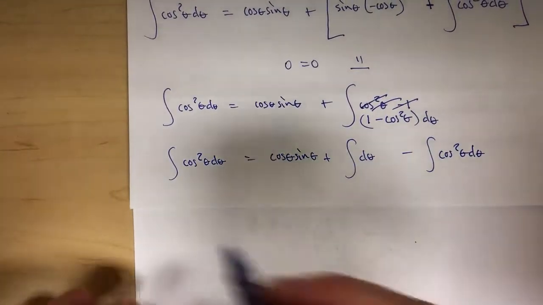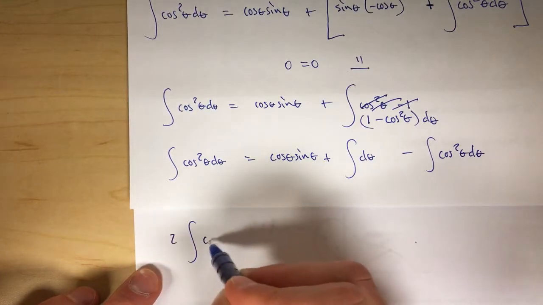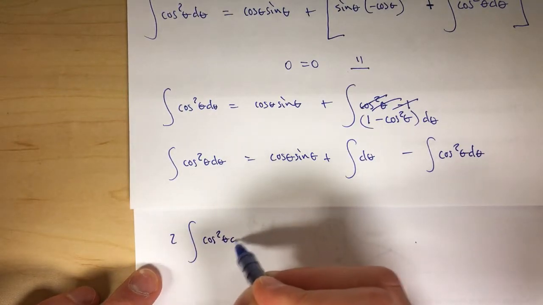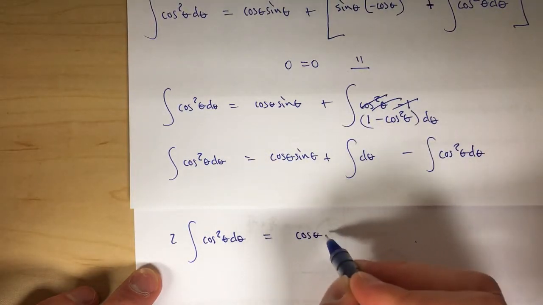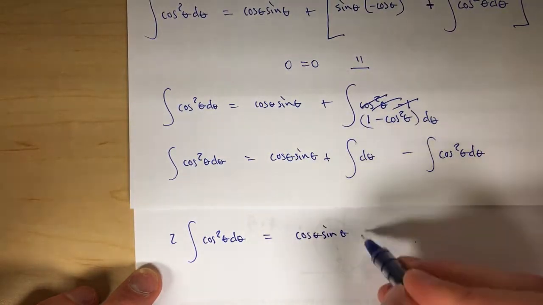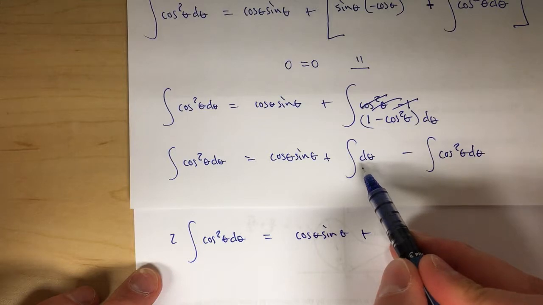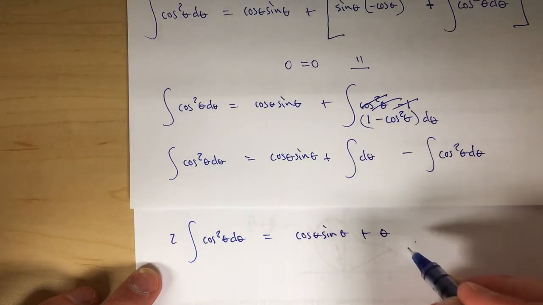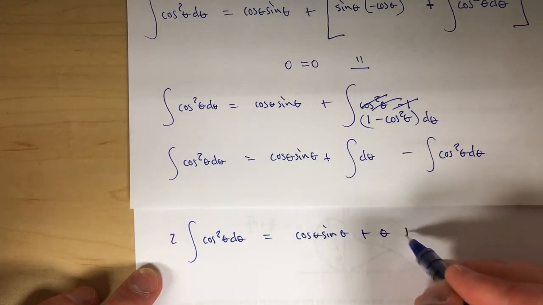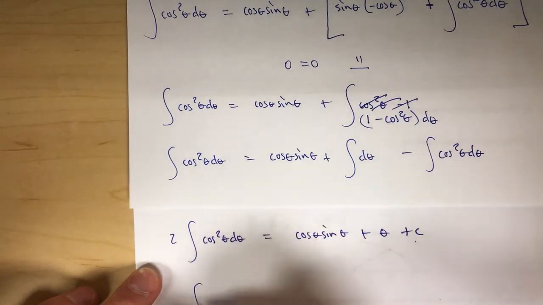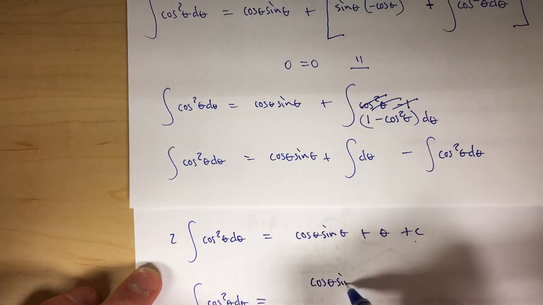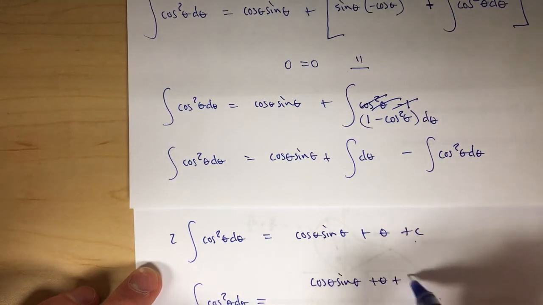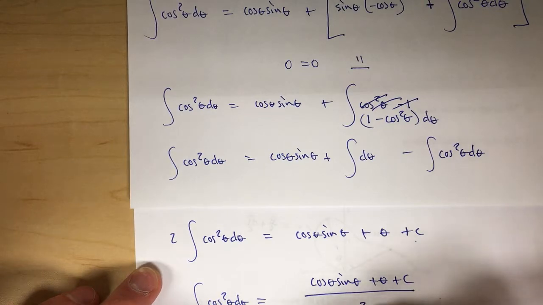Basically, what I can now say is that 2 times the integral of cosine squared theta d theta, if I add this over here, is equal to cosine theta sine theta plus the antiderivative of d theta, which is just theta, plus c. And now divide by 2, the antiderivative of cosine squared theta d theta is simply equal to cosine theta sine theta plus theta, plus c, divided by 2.